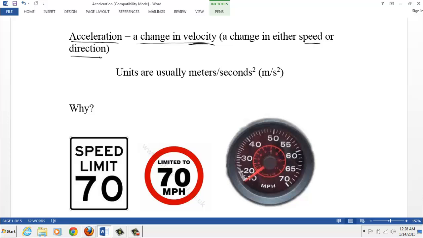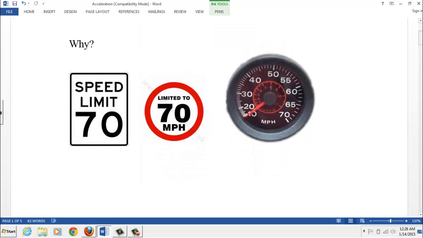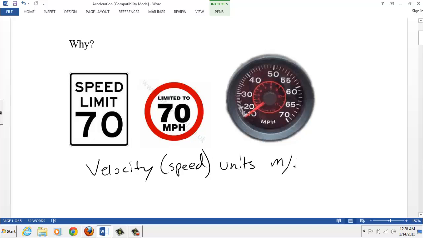When you're measuring acceleration, typical units are meters per second squared, and sometimes students question, what's that squared sign doing in there? Let's explain that by beginning with units for velocity. The speed component has units of meters per second.